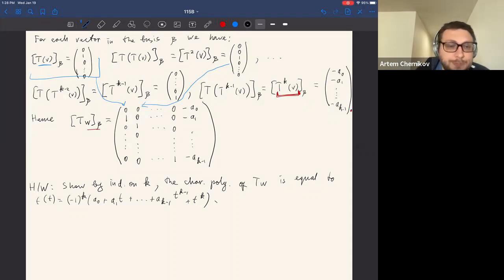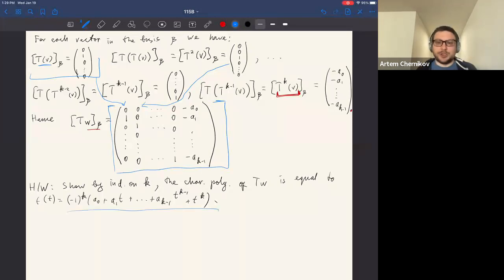So the point here is to simply use the definition of a characteristic polynomial. So remember, we know how to calculate the characteristic polynomial of a matrix. So here you have to show that, at this point you can forget everything we did up to now, just have this matrix. And you need to show that for this matrix, the characteristic polynomial is given by this expression.